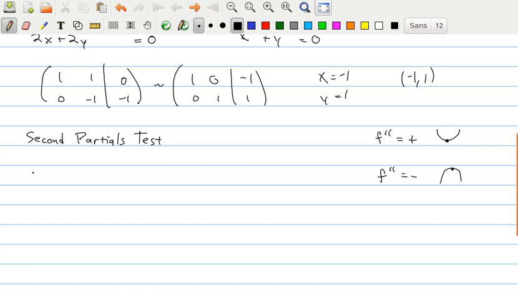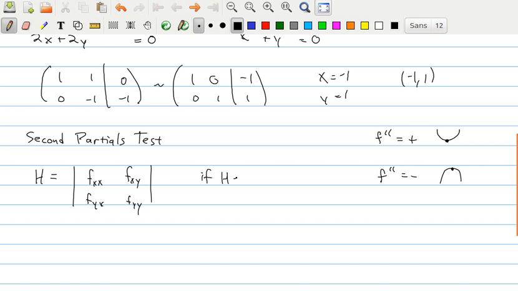So what we do is we define this matrix H, and this is the matrix of second partial derivatives. So we look at the second partial with respect to x, fxy, fyx, and fyy. And we go through and take the determinant of this matrix. So one of three things will happen.